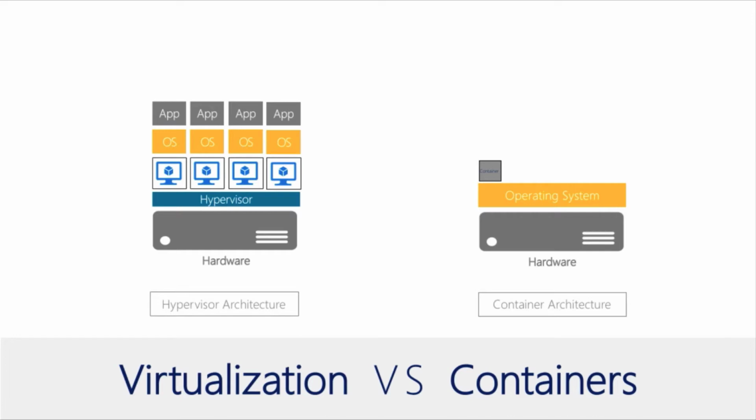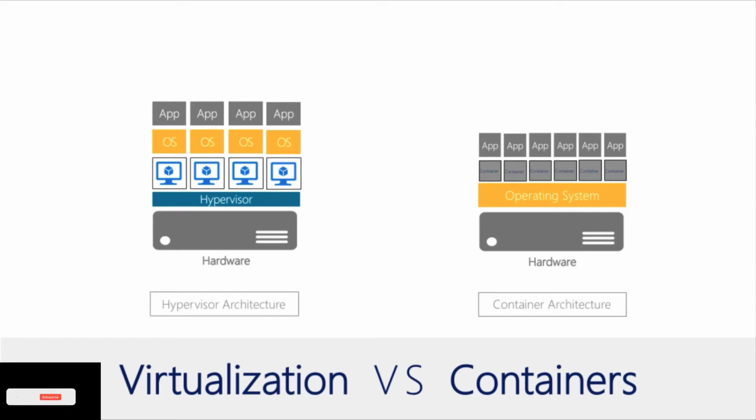Containers allow you to install an app on top of the container. Why? Because again, it's abstracting the OS. So no need to install an operating system on a container, right? And you can have as many containers as the resources on that physical machine allow.